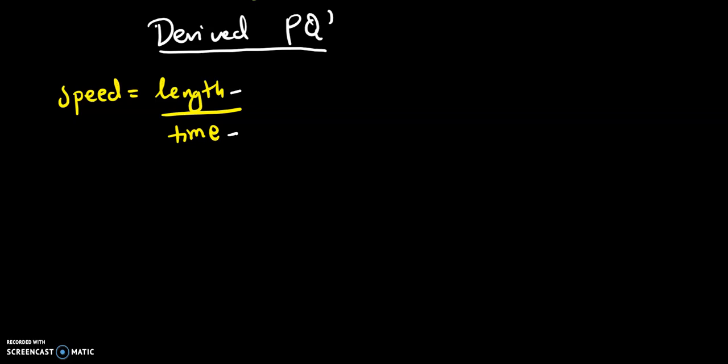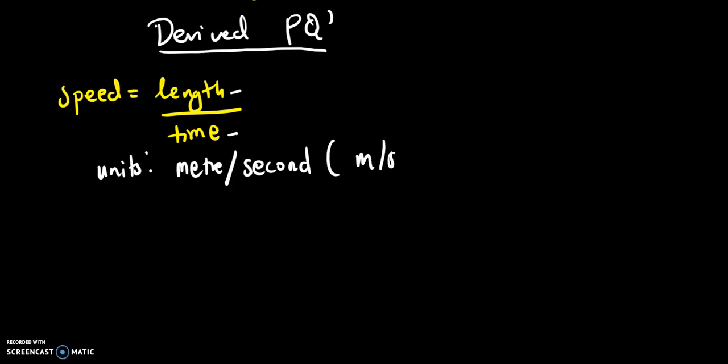The units are, what's the unit for length? Meter, right? Meter per, because we have the division sign. What's the unit for time? Second. So it's meter per second, abbreviated m/s, or sometimes written in this way, right?